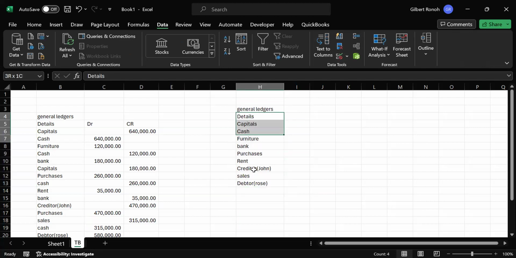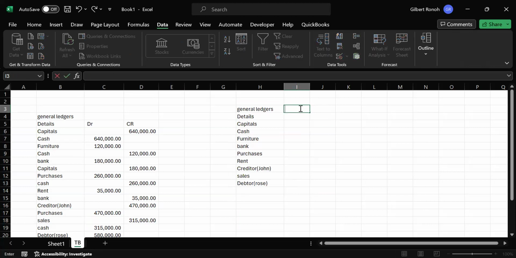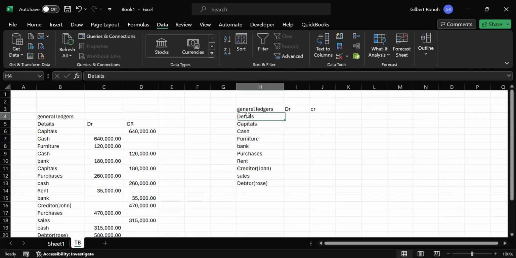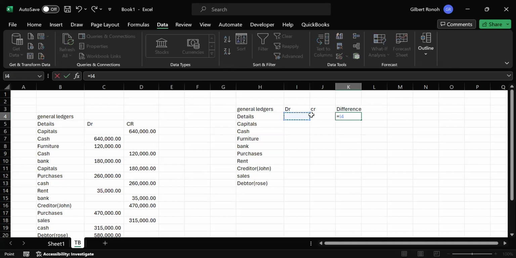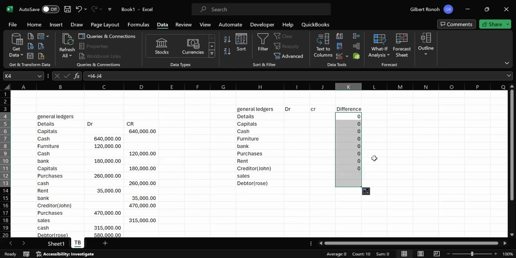In this chart of accounts, I can get the debit balance of the total cash, and the total balance of the debit and credit. So I will get the totals for capital, cash, furniture, bank, purchases, and then get the difference, by taking this minus this and dragging it downward.